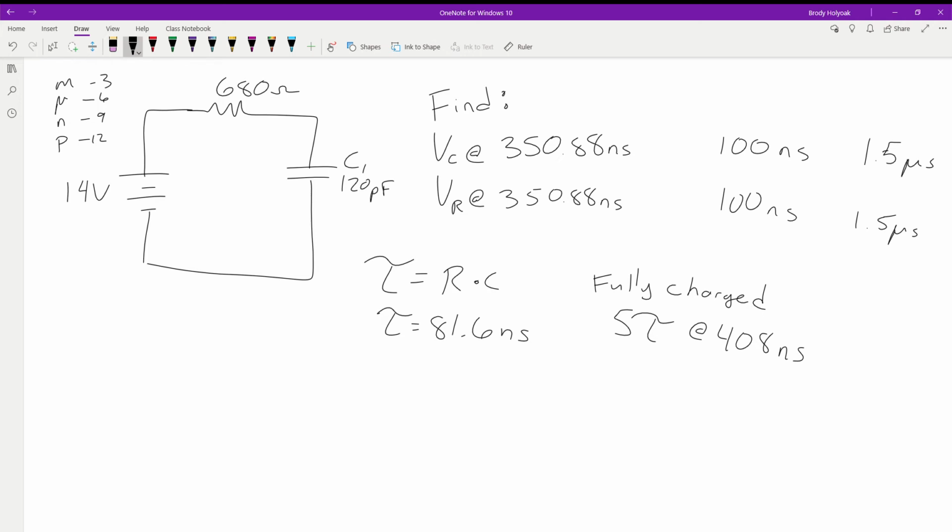It's going to be fully charged because we've hit our 408 nano. So anything after this point, our capacitor is fully charged. So what is the voltage of the capacitor at 1.5 microseconds? 14 volts. What's the voltage of the resistor at that time? 0.